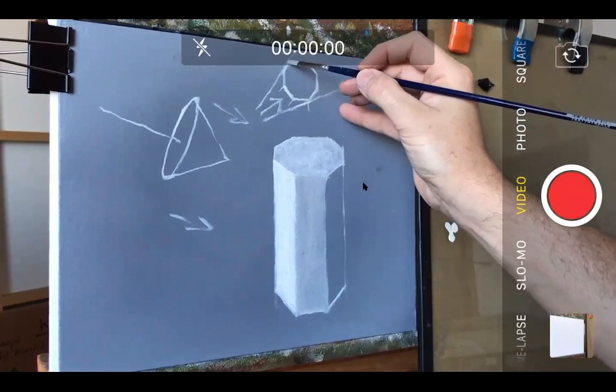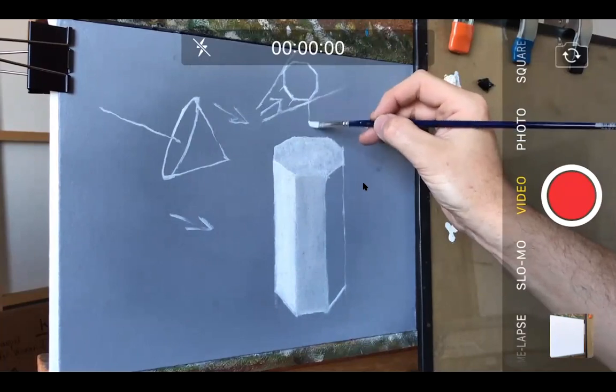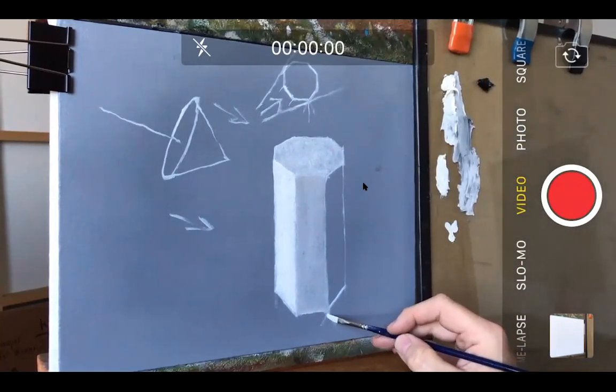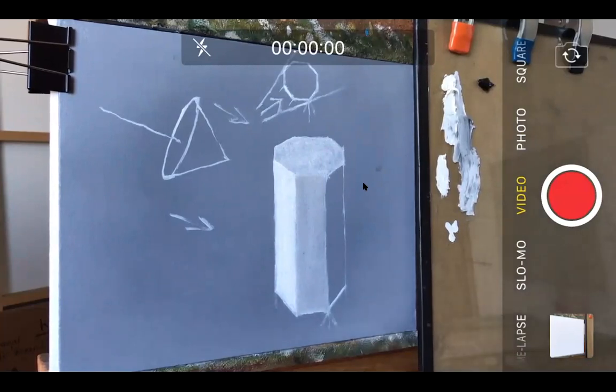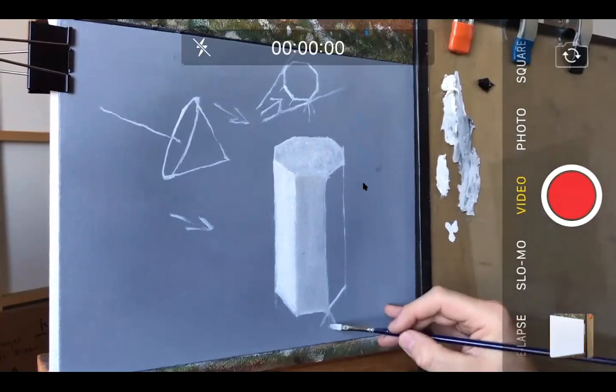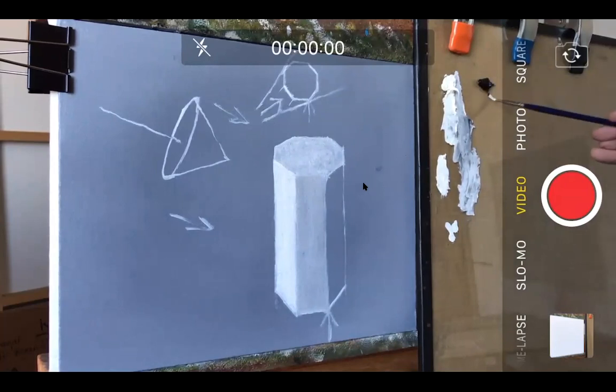The light is no longer hitting the object starting at this corner, at this point in the form where the planes turn completely away from the source of the light. So that plane of the object goes into shadow.